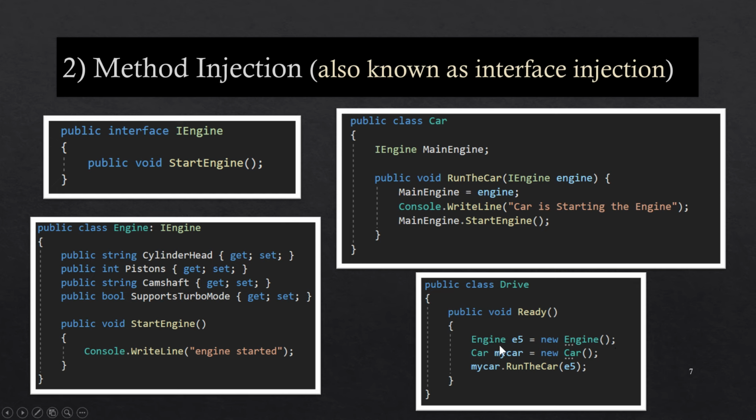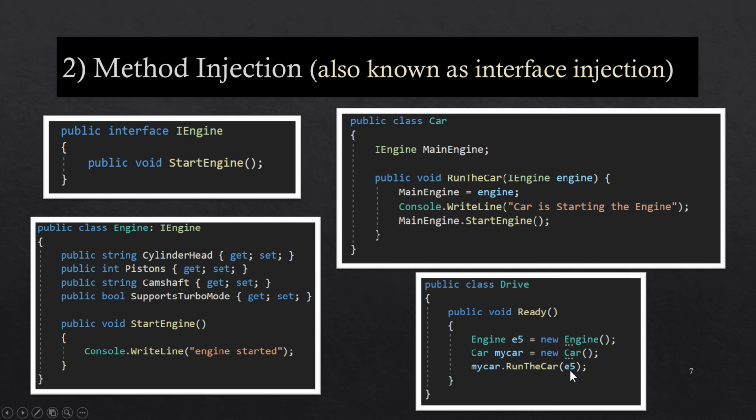We have an engine E5 this time, and I have created my car and I have not given it any engine because we are using method injection. So when I'm using my car dot run the car method, I have to provide it with an engine.